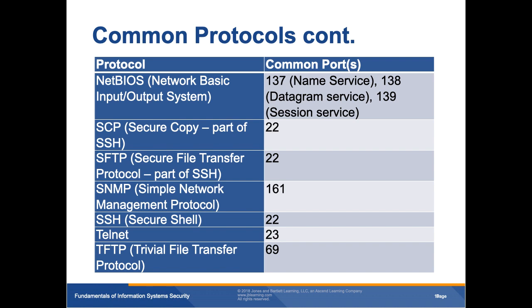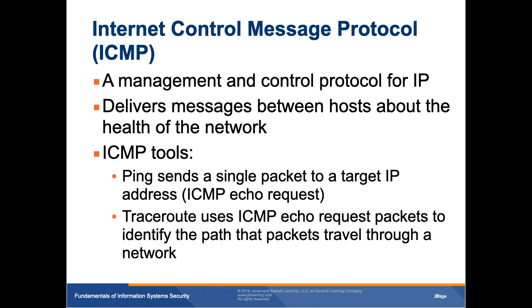Then you have a different type of file transfer: the secure FTP protocol is SFTP, and it uses port 22 just like SSH and secure copy, which is also part of SSH. SSH is the secure shell and operates on port 22.